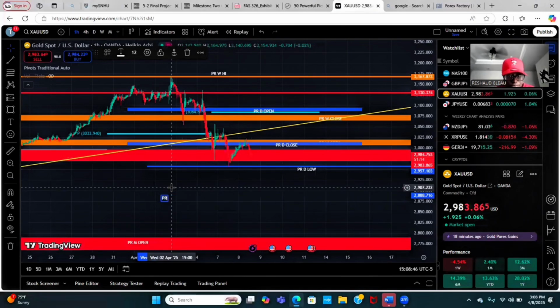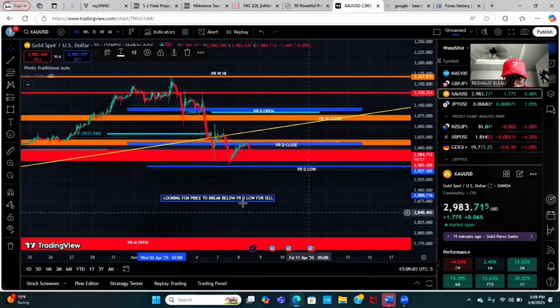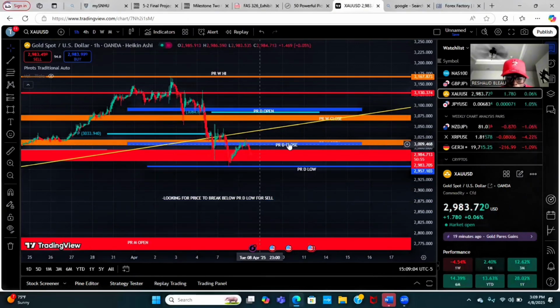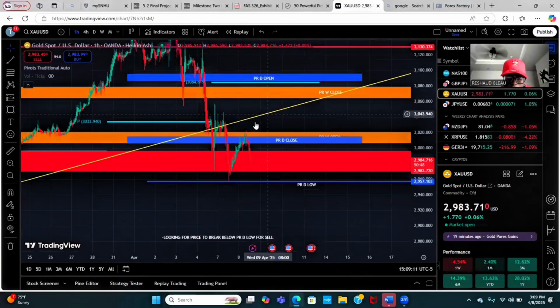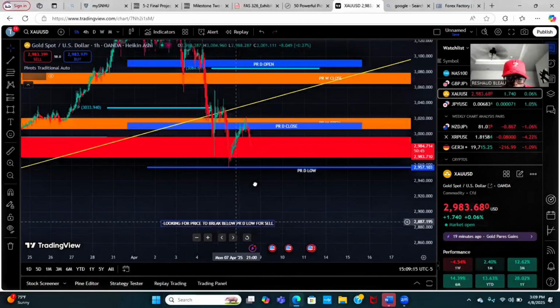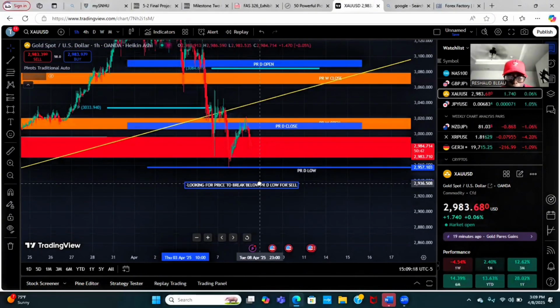So I'm looking for price to break below the previous daily low for a sell, because it can bounce back up here, go above the previous daily close, go above the previous weekly open, and then hit this trend line, bounce, bounce, bounce, bounce, and then sell. So this is the expectation for this.